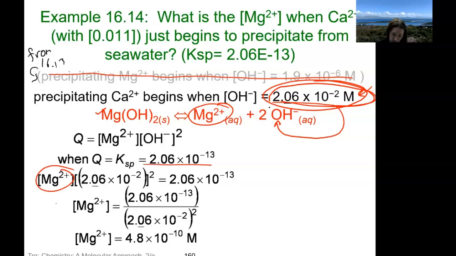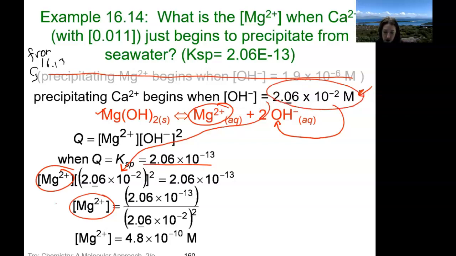And so we plug in our OH right here, and solve for our magnesium. When calcium just starts to precipitate, the concentration of hydroxide is 2.06 times 10 to the negative 2. At that point, magnesium's concentration is 4 times 10 to the minus 10.